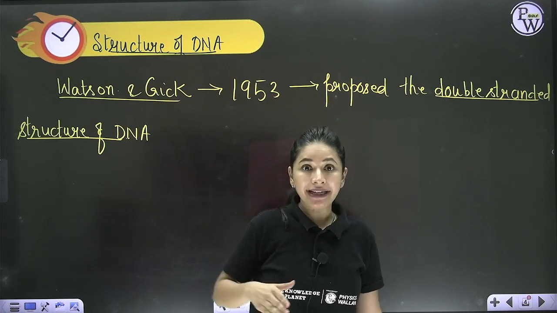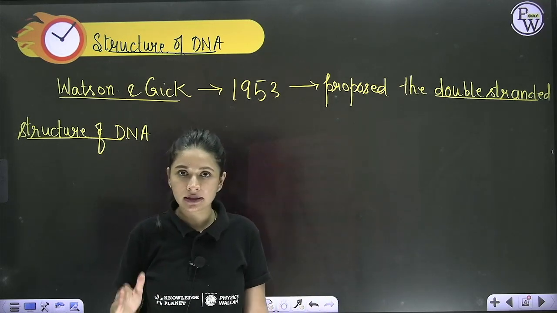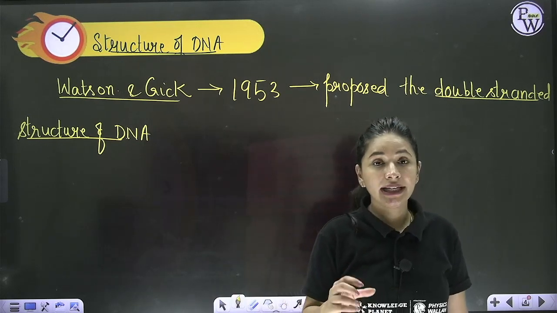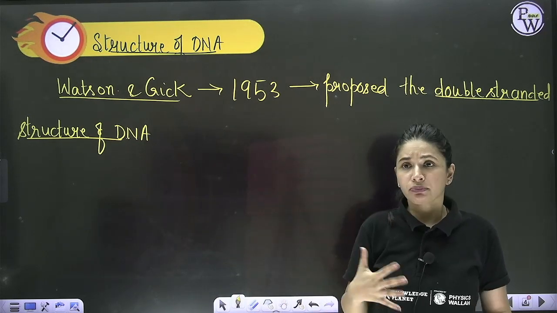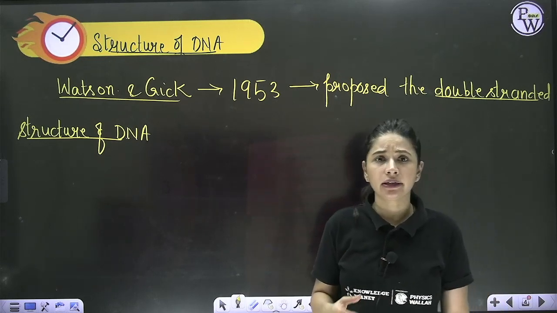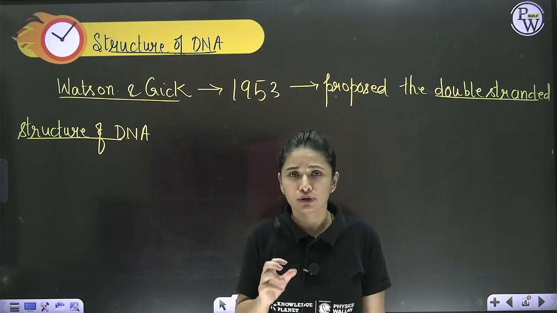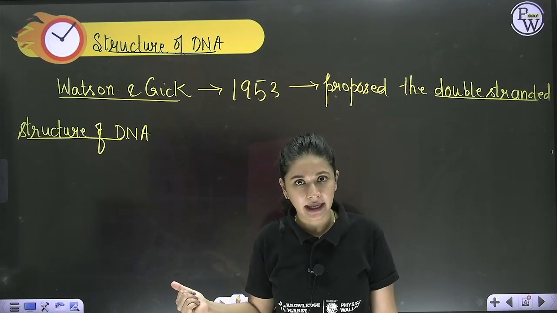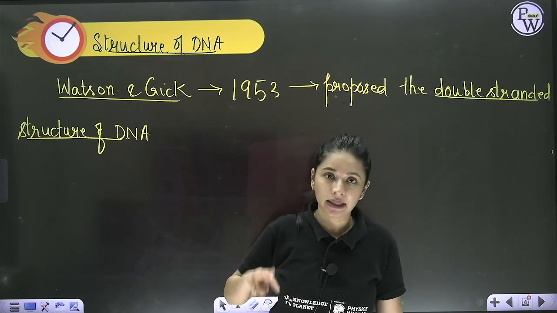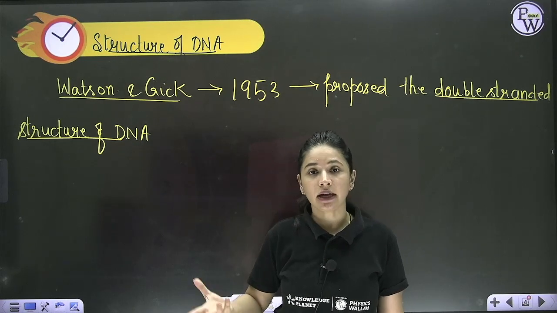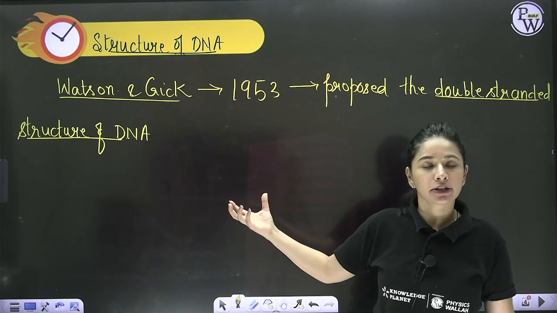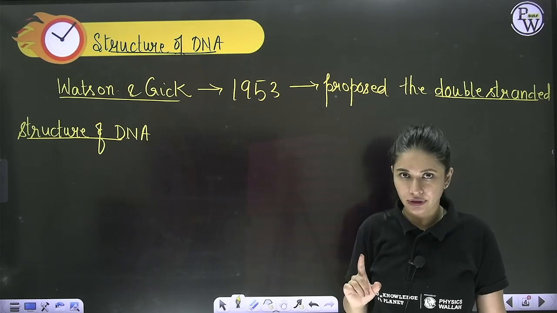So there were 3 different scientists, Maurice Wilkins, Rosalind Franklin and Erwin Chargaff, who did some of the most important discoveries in order to unwrap the structure of DNA. So let's see what these 3 people did, then what was their mistake, that why they could not propose the structure of DNA, and how these 2 people extracted the benefit out of it, right?